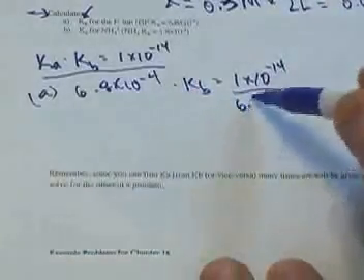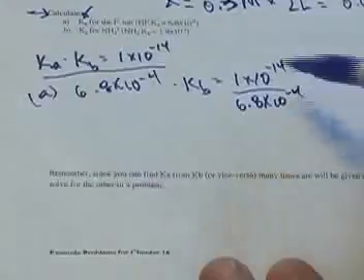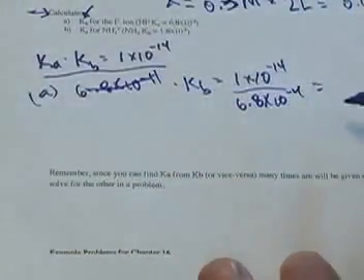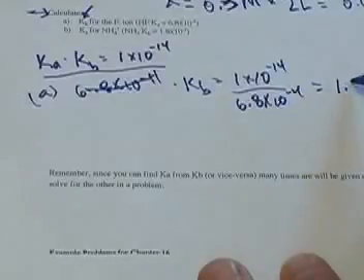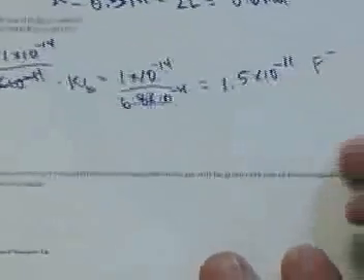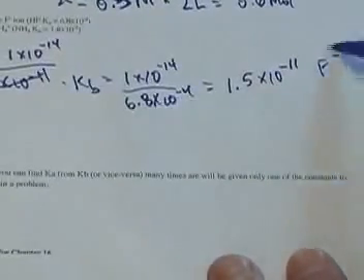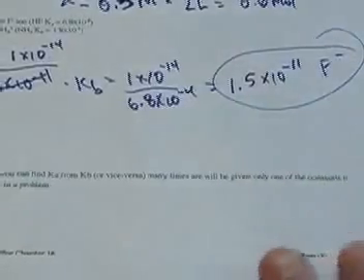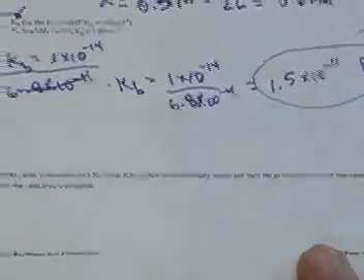Divide both sides by 6.8 times 10 to the negative 4th, and it ends up that Kb in this case is equal to, I believe, 1.5 times 10 to the negative 11th for the F minus ion, leading you to believe that this is not a very strong base. It is basic, but it's not very strong because it's times 10 to the negative 11th.